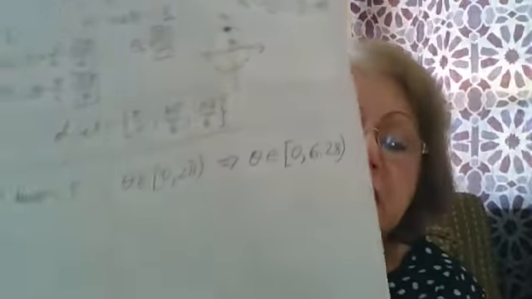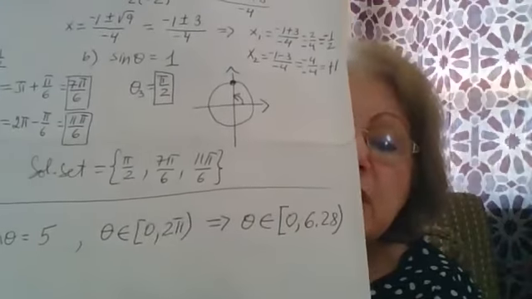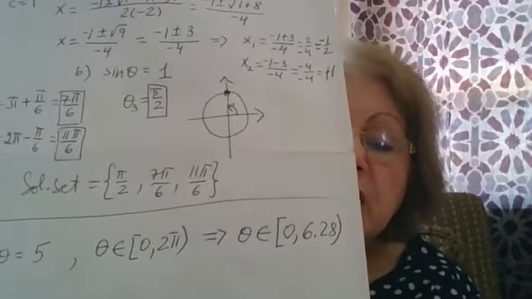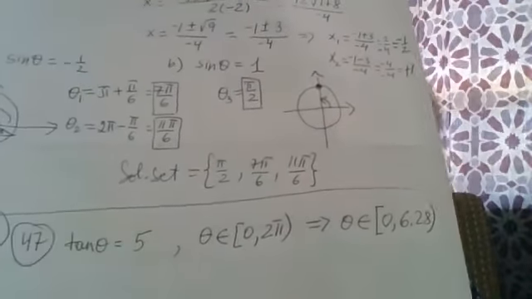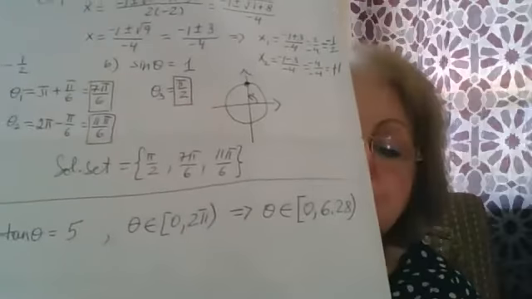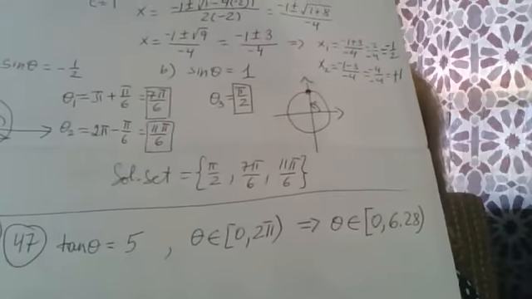It means theta belongs approximately to what kind of interval? From 0, pi is approximately 3.14. So this is your restriction, if you are going to approximate, because you will be finding your answers in radians.